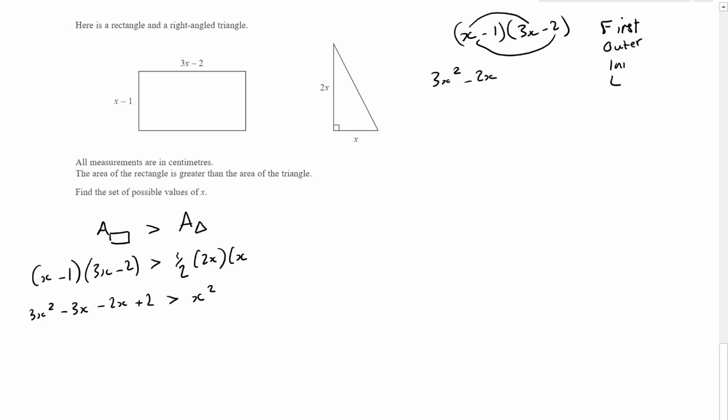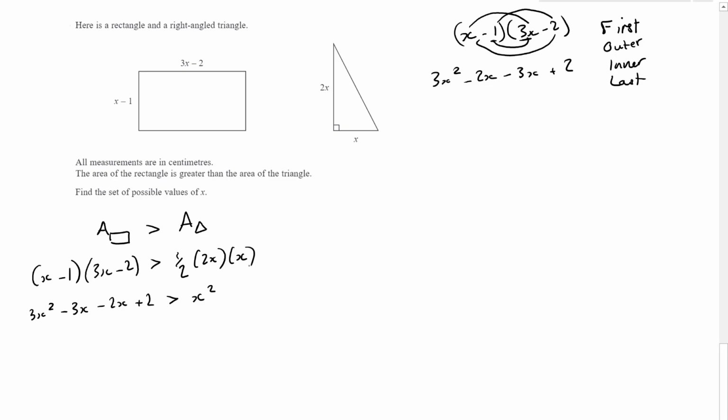Then I did the inner, so the 3x times the minus 1, which gives me minus 3x from here, and then the last, which gives me minus 1 times minus 2, which gives me a plus 2, which gives me this here. And on this side, the half and the 2 cancel out, and so I'm just left with the x squared.